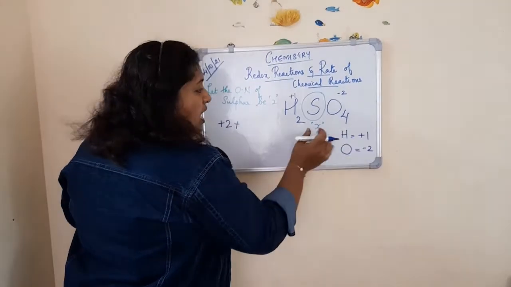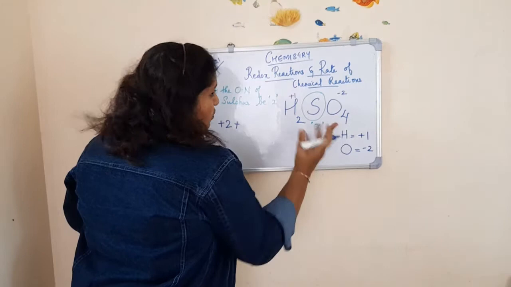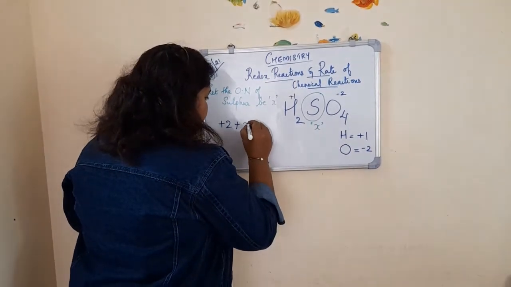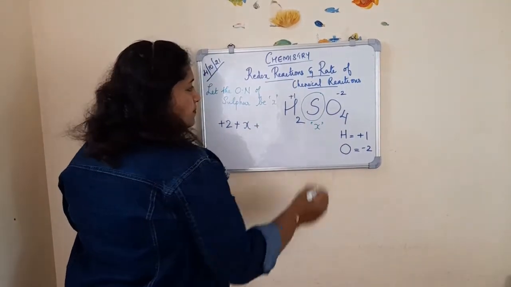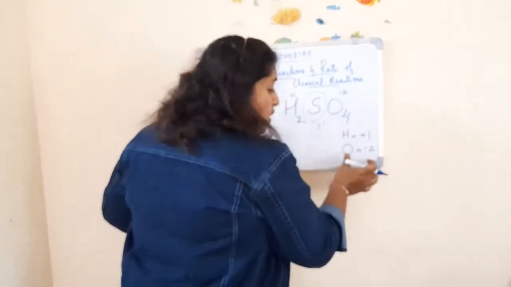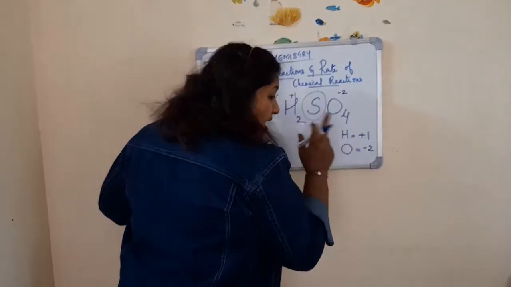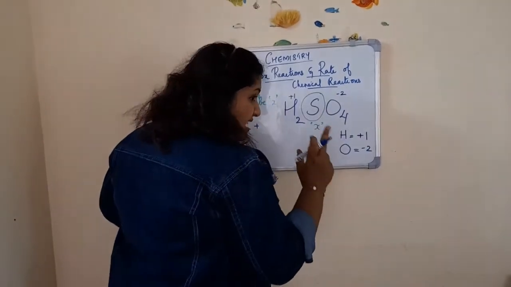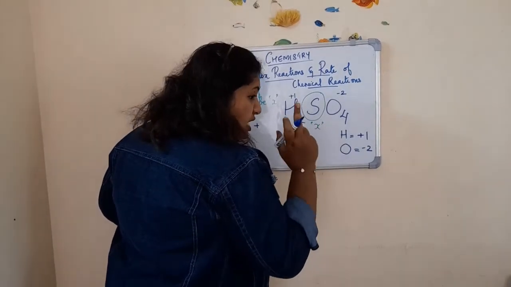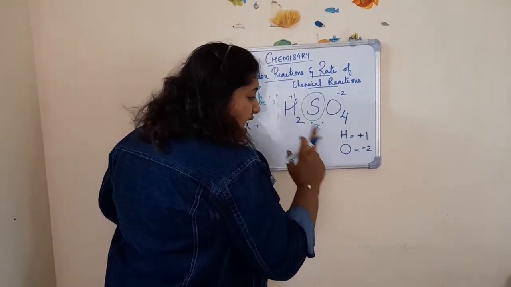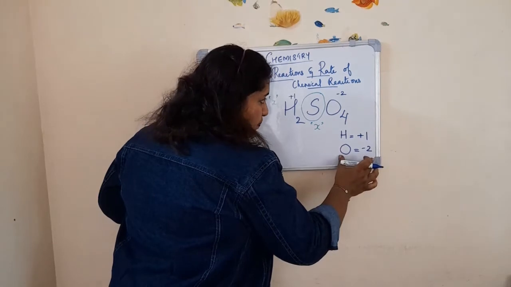Plus the oxidation number of sulfur, which we don't know. Here, please listen carefully, the oxidation number of one oxygen atom is minus 2.